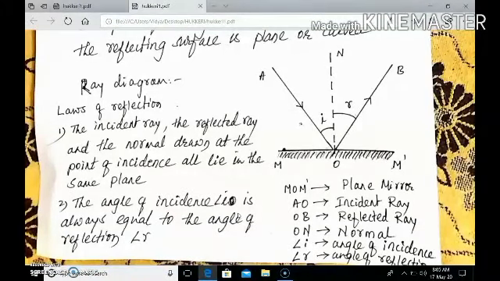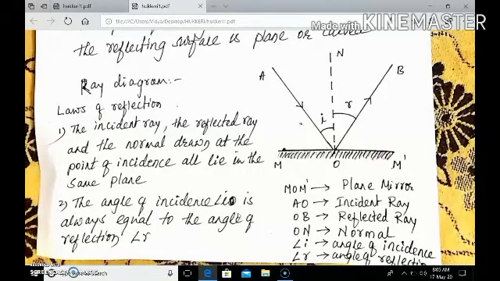The angle between the incident ray and the normal is called angle of incidence. The angle between the reflected ray and normal is called angle of reflection. Whenever the reflection of light takes place at any surface, it takes place following the two laws of reflection.